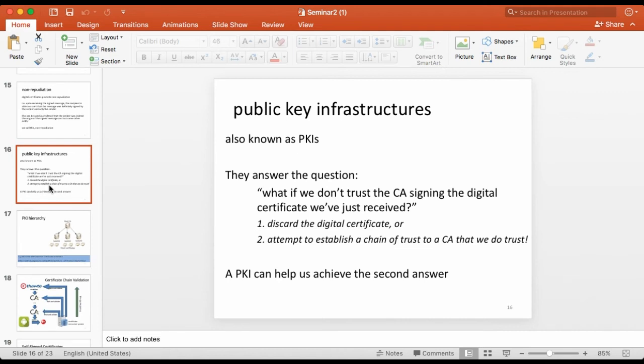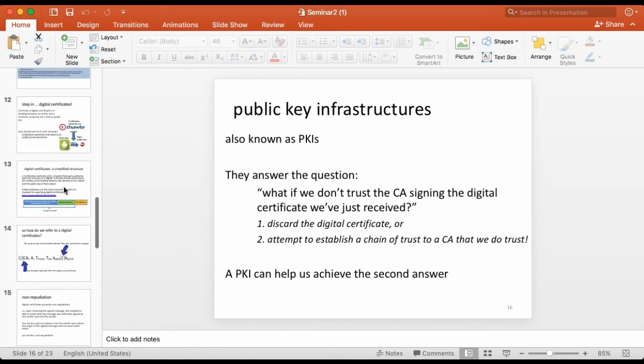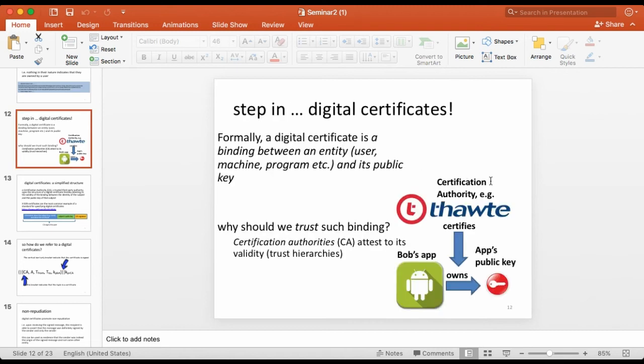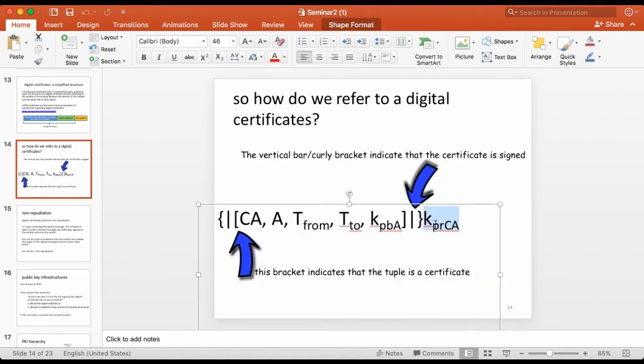However, this raises yet another question. So the question is, now, do you trust the certification authority itself or not? So what we did here is that we just shifted the problem from this level to the next level, because in order for you to validate this certificate, you still need to validate the signature of the certification authority.